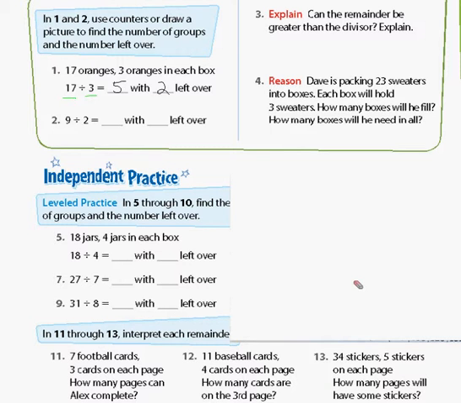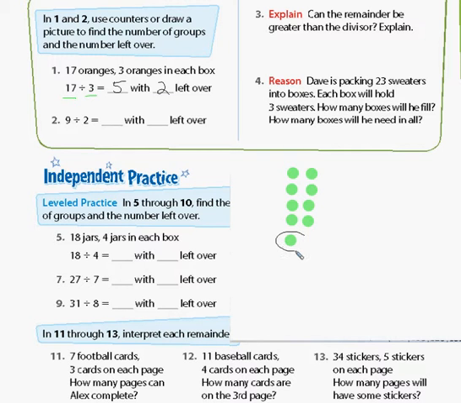Okay, now we have 9 oranges, or 9 divided by 2, with what left over? So I'm going to do my array again. My array is going to be an array with 2. 1, 2, 3, 4, 5, 6, 7, 8, 9. The 9 right there, that's the part of my array that's left out, doesn't really fit into the rectangle.